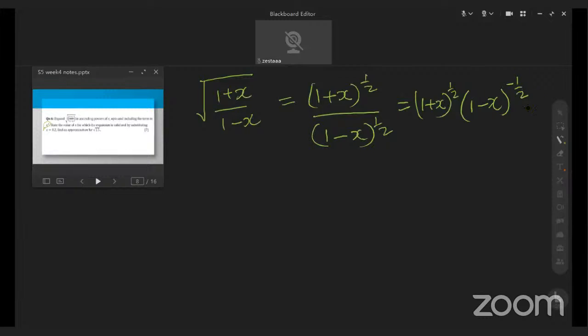So now, what do we do from this point here? We expand them separately, and then we multiply afterwards. So you're going to expand this one here, 1 plus x to the power of a half. By now we know what we are supposed to be using.